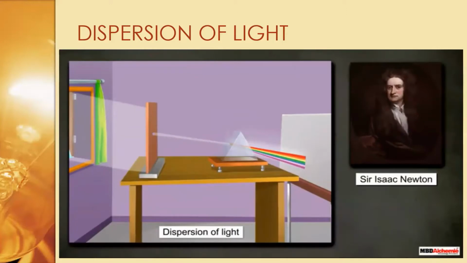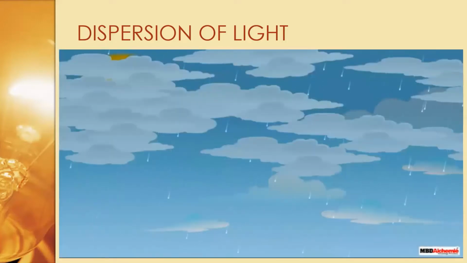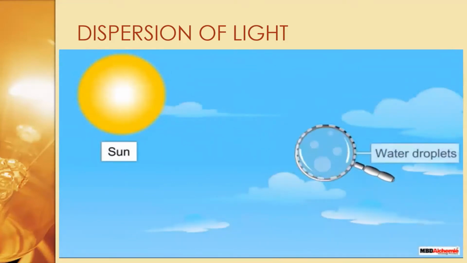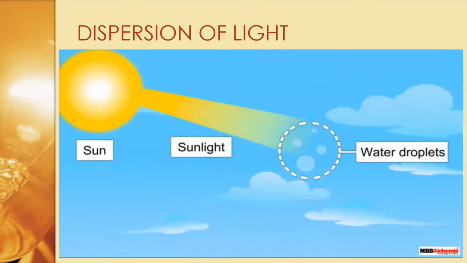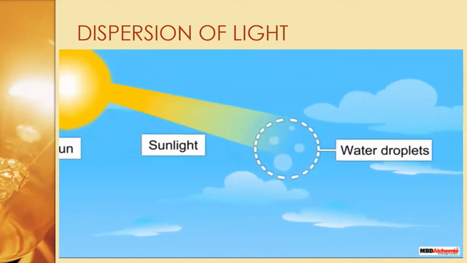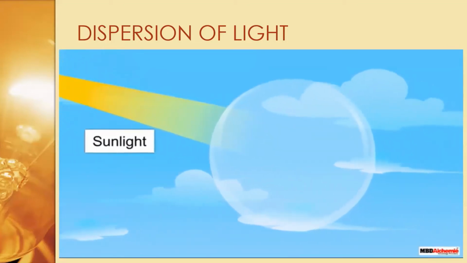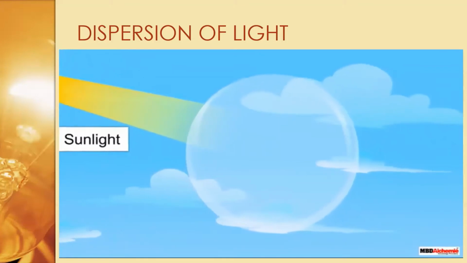Now that we have understood what dispersion of light is, let's understand how it causes the formation of a rainbow. A rainbow is generally formed when the sun appears just after it has rained. At this time, many water droplets are present in the air. When the sunlight passes through water droplets in the atmosphere, each water droplet acts like a small prism and refracts the incident sunlight.